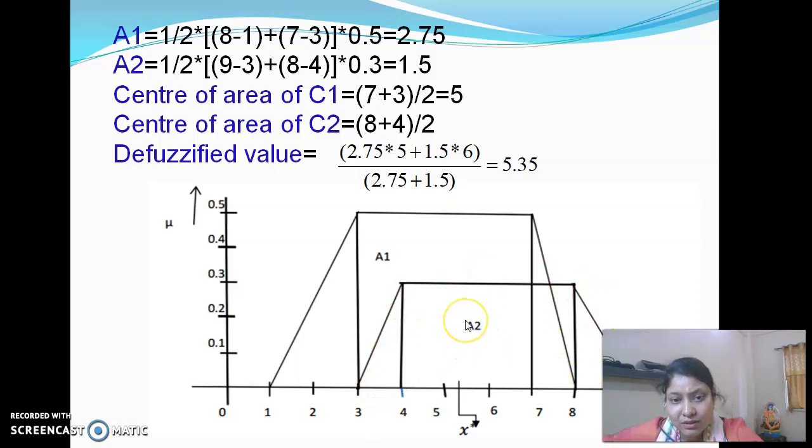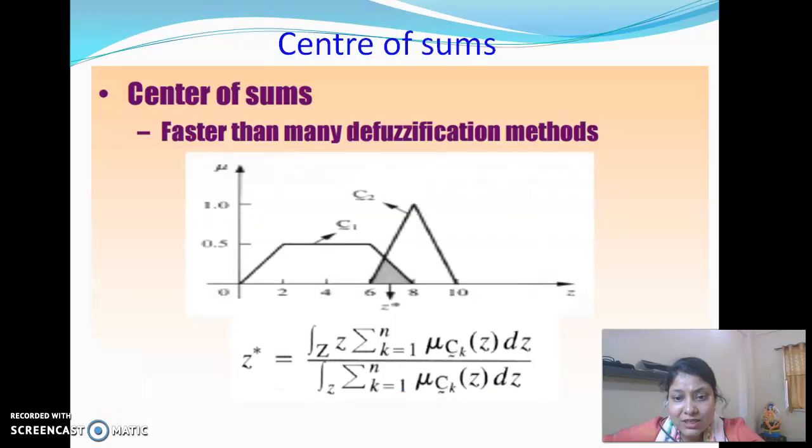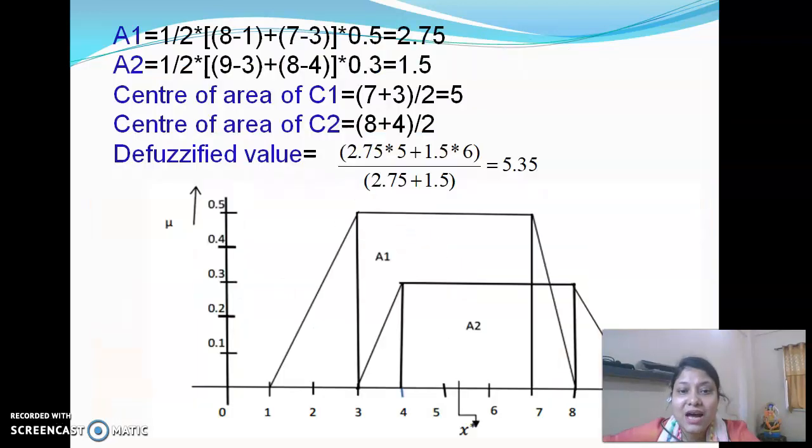This is A2. This is the degree of membership which is related to the next fuzzy set, that is C2. So now the question is how we can evaluate the center of sums.